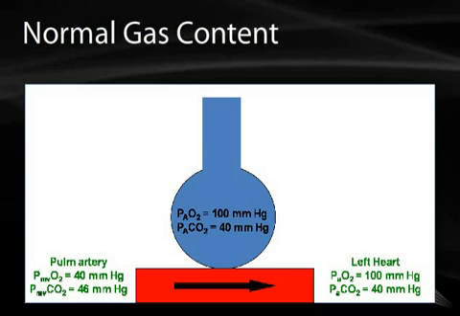After it passes the alveoli, oxygen and carbon dioxide diffuse, we have arterial blood with a PaO2 of 100 and a PaCO2 of 40. In reality, the PaO2 should be a little bit less than 100 because there's always a slight gradient between the alveoli and the arterial.